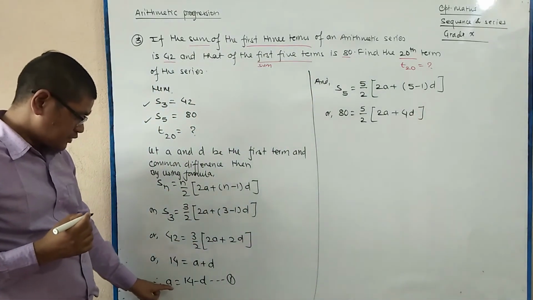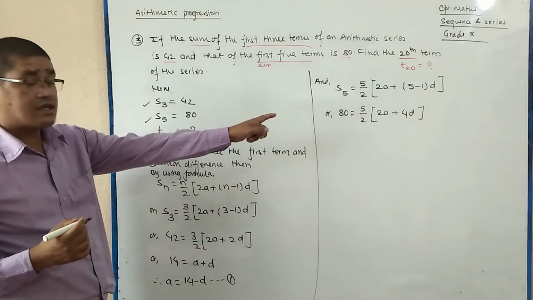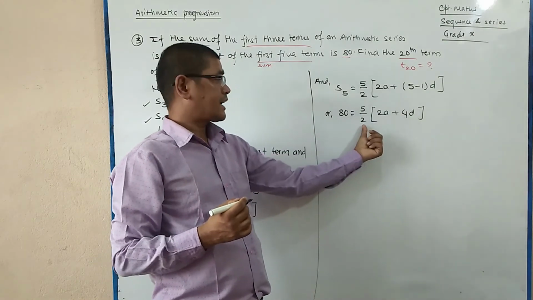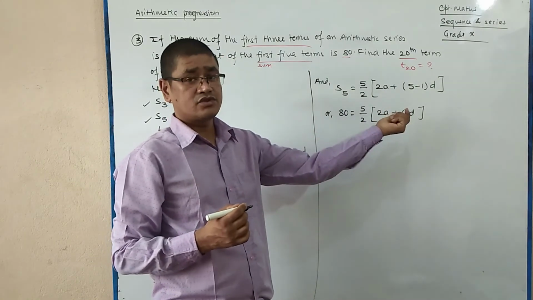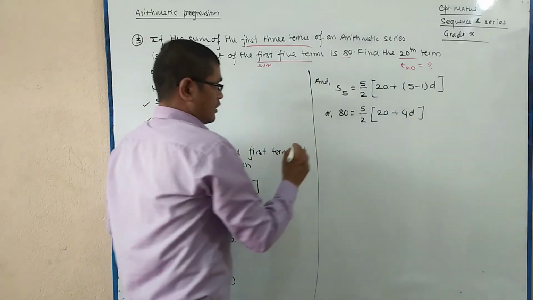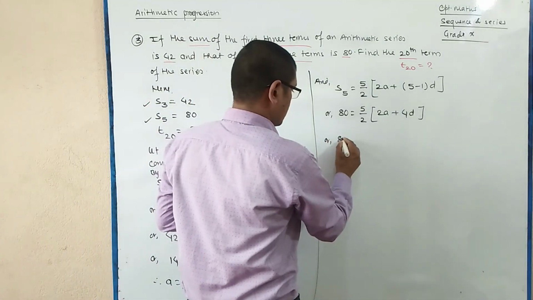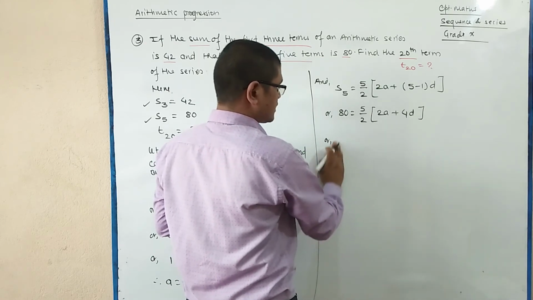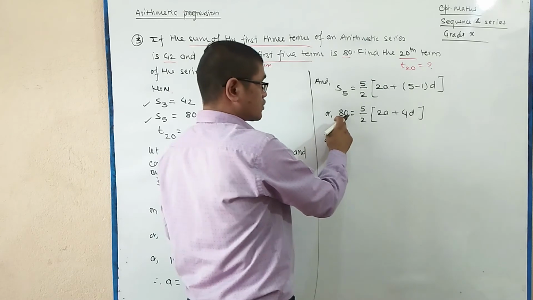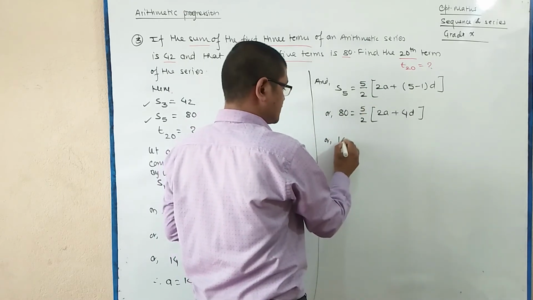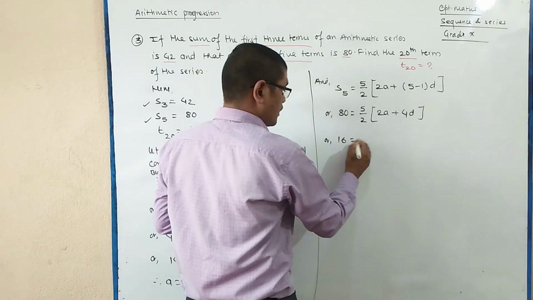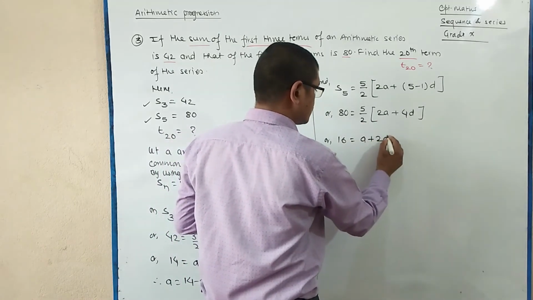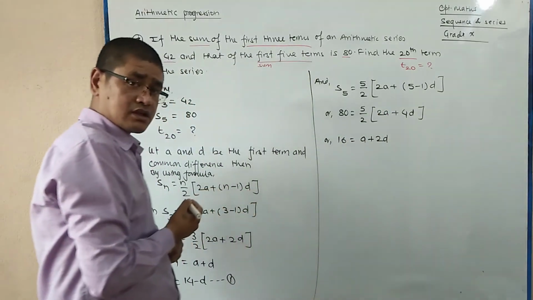Here also directly I can do like this. This 5 and this 5 will cancel out, so 80 divided by 5 is 16. And these two after taking common, here we have a plus 2d. Are you getting or not?